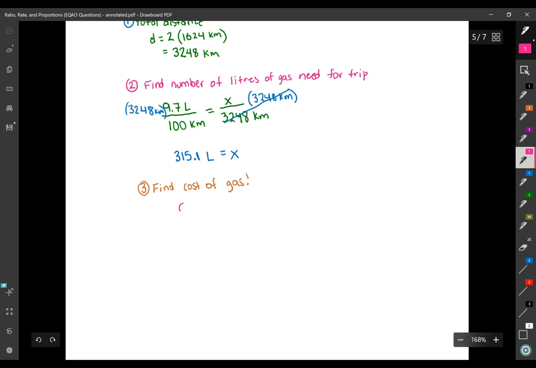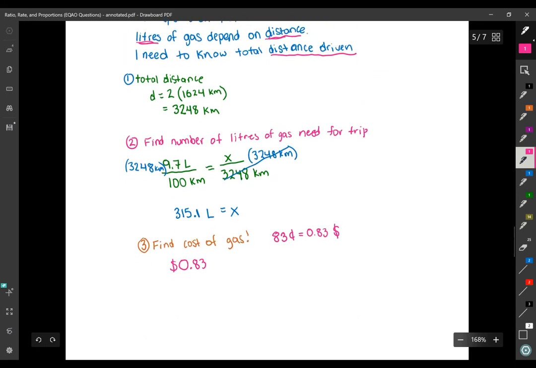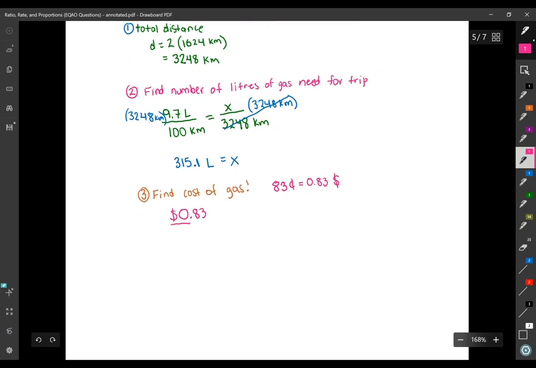I know that it's $0.83, right? And remember that 83 cents is equal to $0.83, right? We know that. So $0.83 per 1 liter is equal to X over 315.1 liters. And again, I'm solving for X.